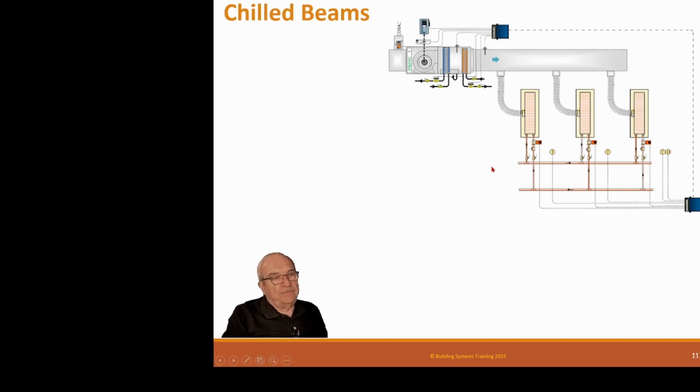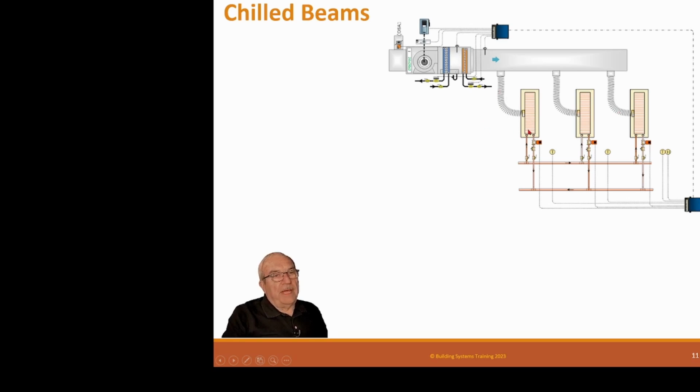As a little side segue here, these originally were from Europe. Europe actually started with chill ceilings and radiant ceiling panels, and the panels covered the ceiling to give cooling, and they were just like this. They had this cold water on the back of the panel, but they didn't have air to them.